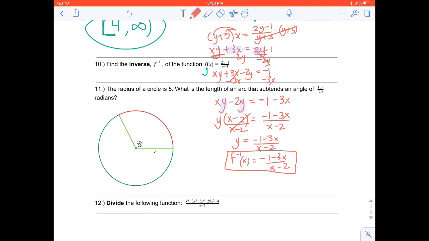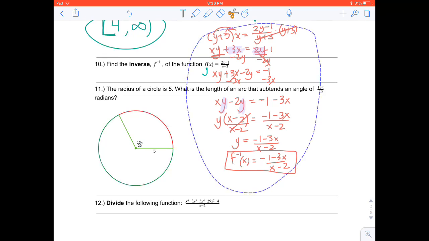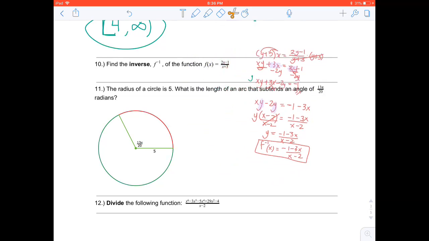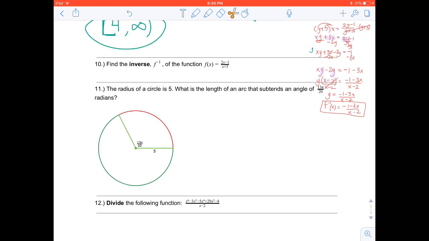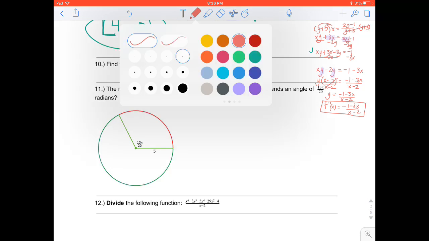So number 11, we've been given the radius of a circle is 5. We want to know what is the length of the arc that subtends an angle of 13 pi over 20 radians. So I'm going to move all this work that I just did for the inverse function over here so I can have space here.